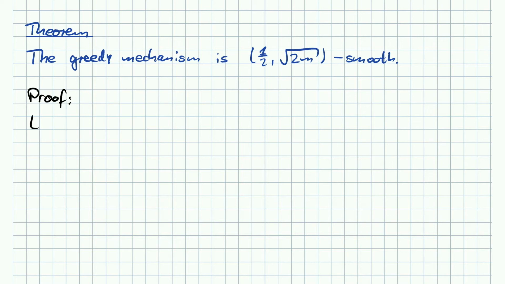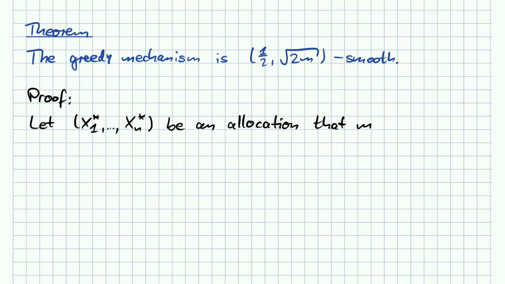So what we'll do is we'll let x1 star through xn star be an allocation that maximizes social welfare.